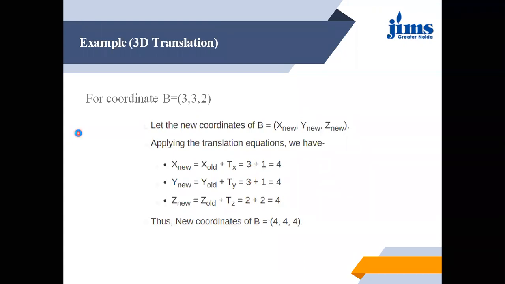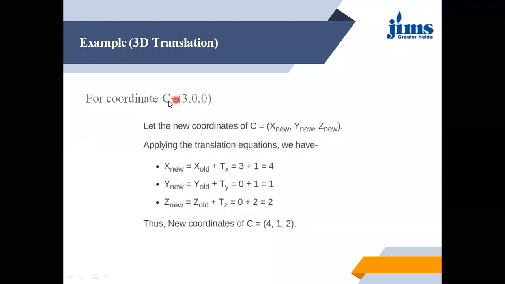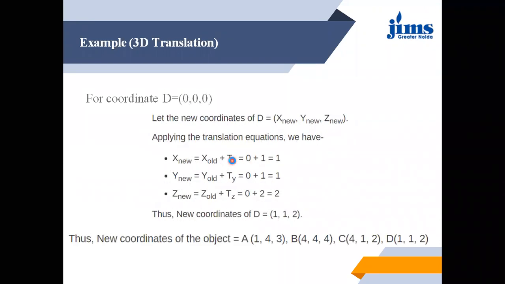In the same way we can find the new coordinate of C also. This is 3, 0, 0 and we have to add 1, 1, 2 in each direction. So this will be 4, 1, 2. In D also, when we find the coordinates of D, the earlier coordinate was the origin, the old or original coordinate.